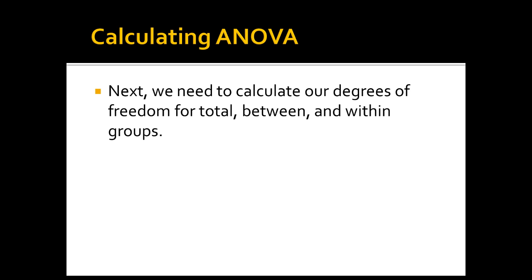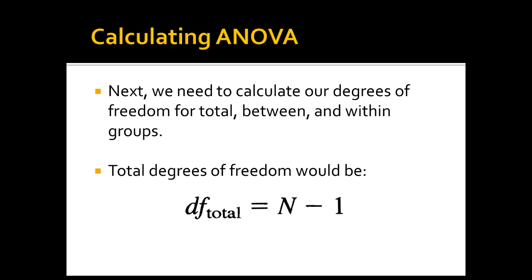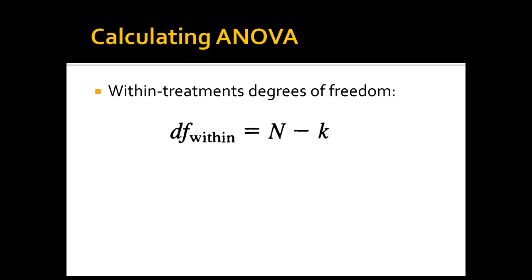Next, we need to calculate our degrees of freedom for total, between, and within. So you're going to have 3 different values for degrees of freedom. Your total degrees of freedom would be big N minus 1, so the whole sample size minus 1. The degrees of freedom within would be big N minus K, with K being the number of treatment conditions.